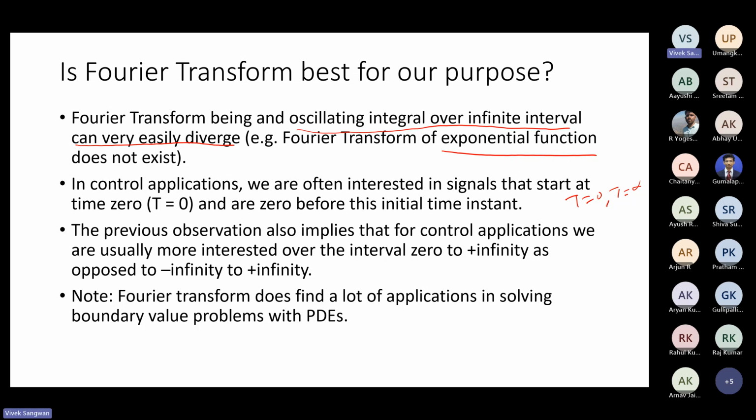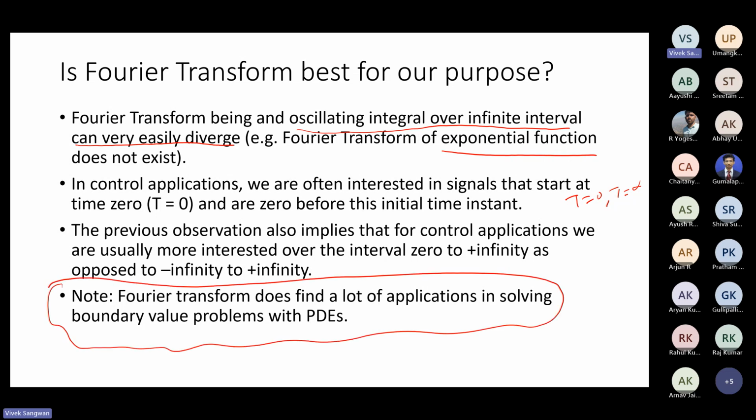However, that does not mean the Fourier transform is completely useless. It has many applications in solving boundary value problems with PDEs, in heat transfer, and in diffusion problems. There is a large class of problems where Fourier transforms turn out to be superior to Laplace transforms.